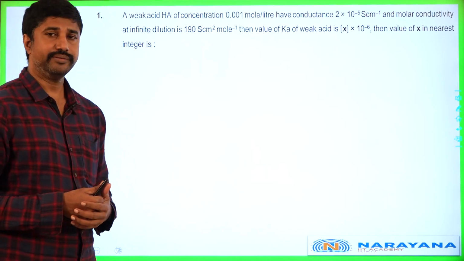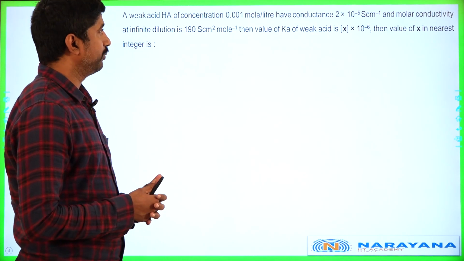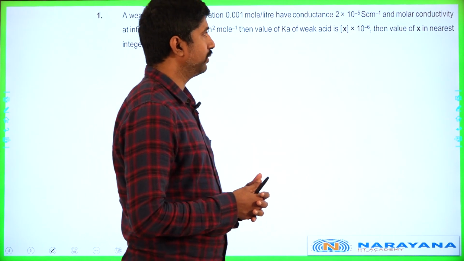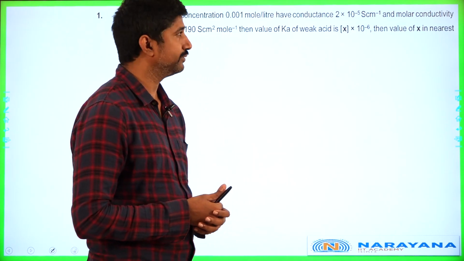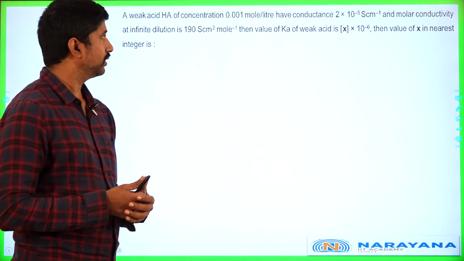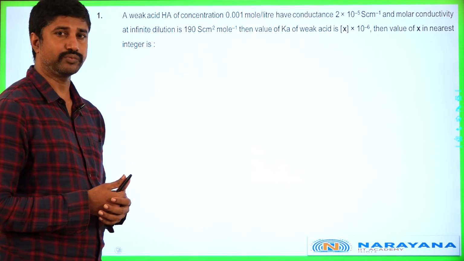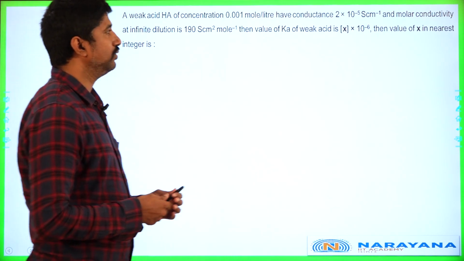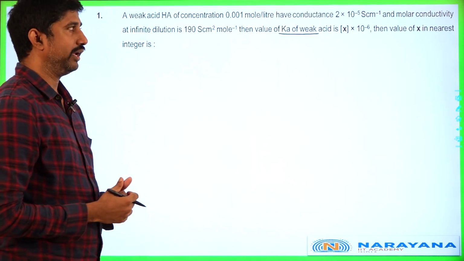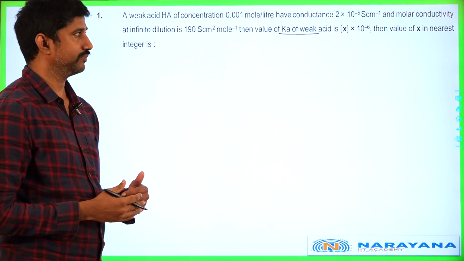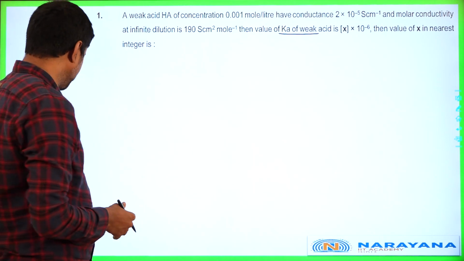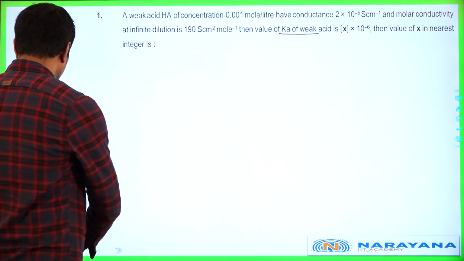A weak acid HA of concentration 0.001 mole per liter has conductance 2 into 10 power minus 5 Siemens per centimeter, and molar conductivity at infinite dilution is given as 190 Siemens centimeter square per mole. The value of Ka of the weak acid is given as x into 10 power minus 6, and the value of x in the nearest integer is asked.